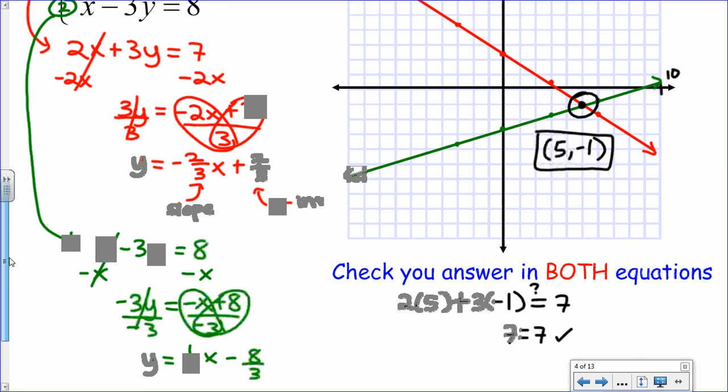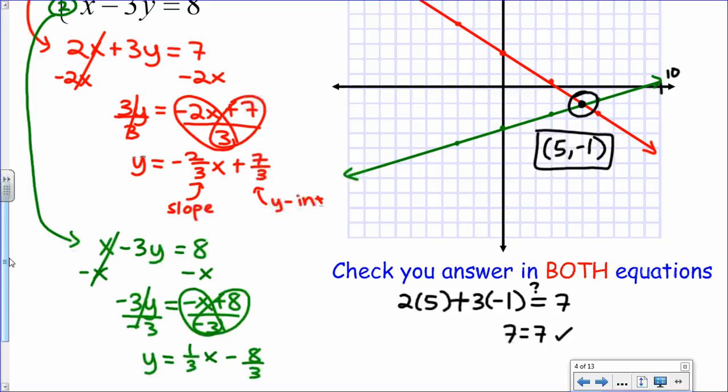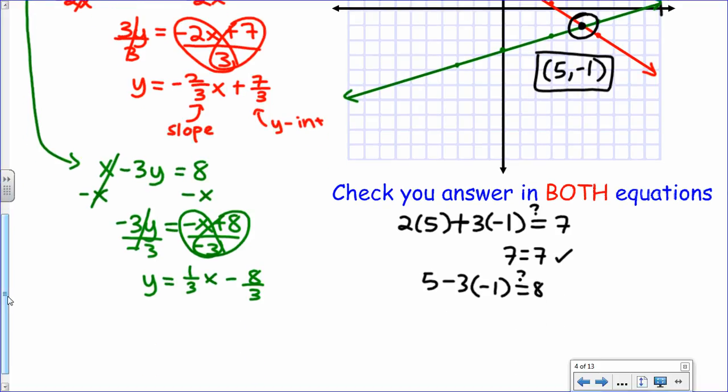Okay, so then the next one, 5 minus 3 times negative 1. I want to know if that equals 8. And it does. So therefore, my answer, I know, is correct.